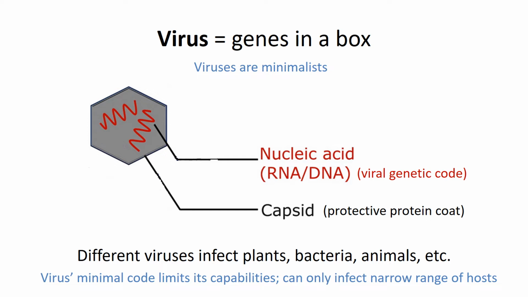Even within an organism, sometimes viruses can only infect certain tissue types. Like within humans, there are certain viruses that can infect epithelial cells only, but cannot infect muscle cells. And this, again, has to do with the minimal genetic code that limits the capabilities of the virus.